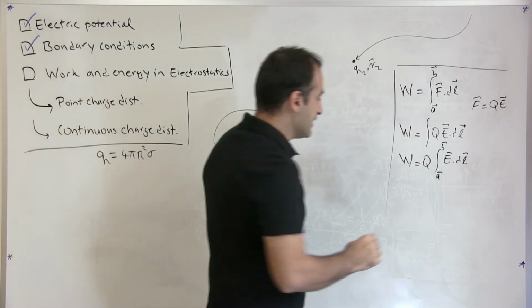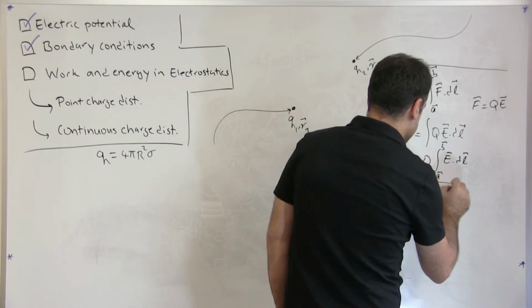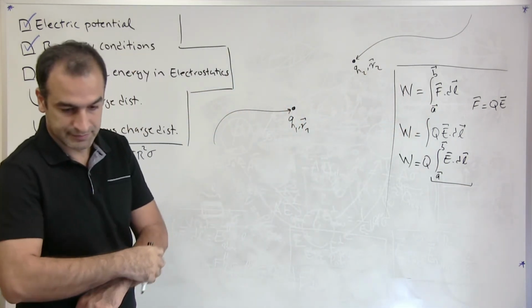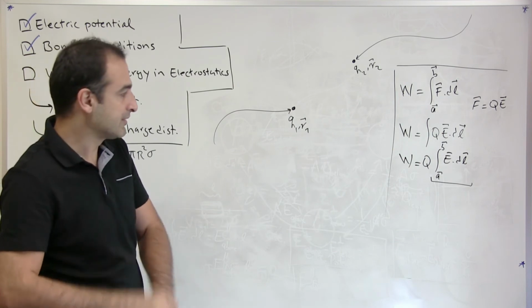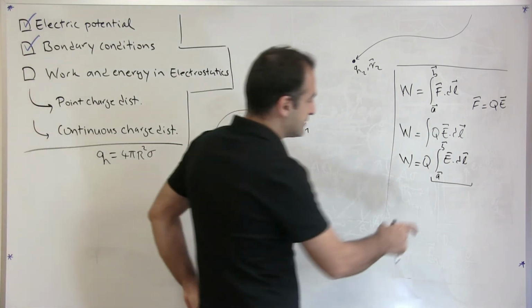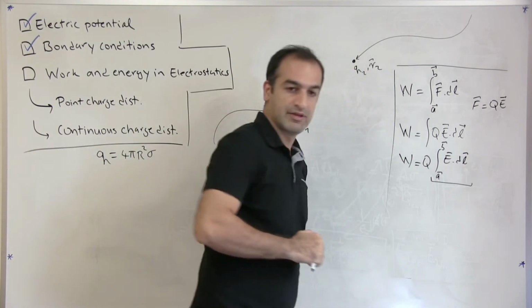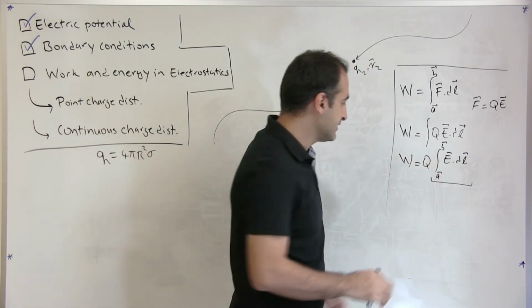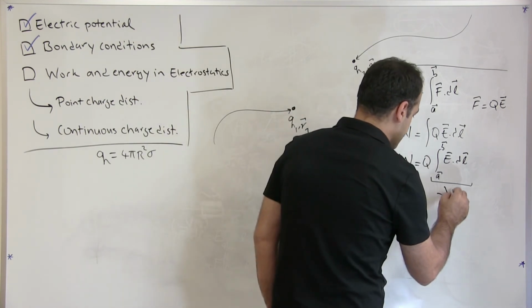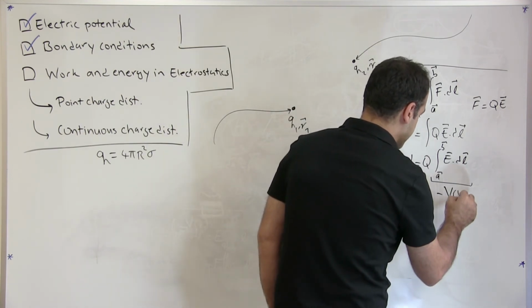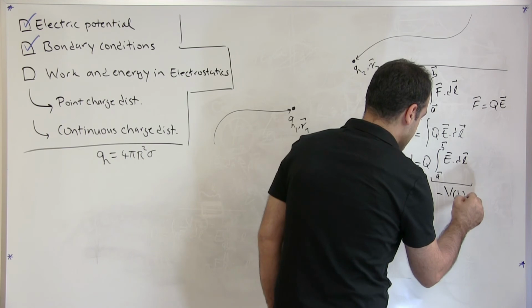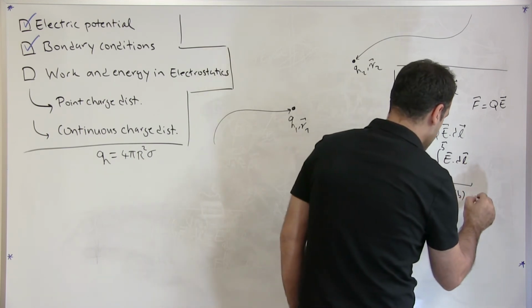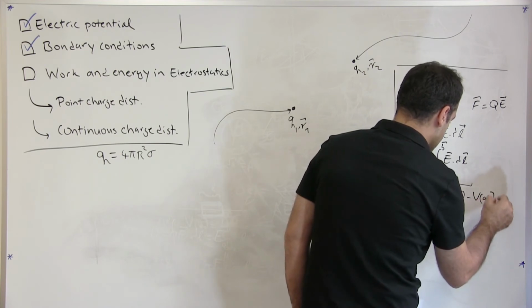Now if you look at this, it has a very familiar form. This is the definition of electric potential. The integral of E dot dl is the negative of the electric potential difference, something like minus VB minus VA.